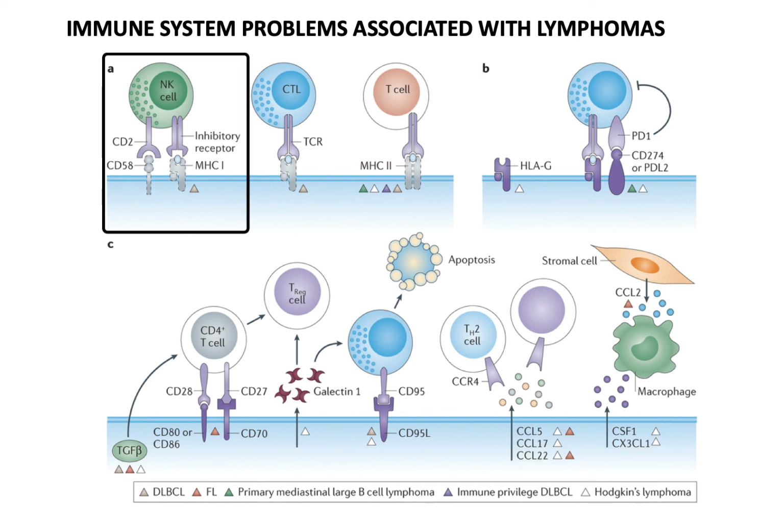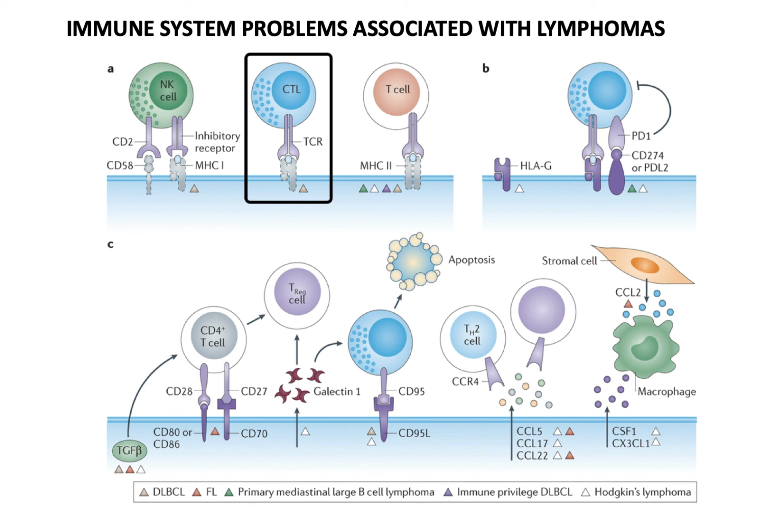So in this top one, there's a problem with CD58 receptor as well as the MHC1 receptor. And so that changes signaling recognition for the natural killer cells. In this next one over, there's a problem also with the MHC receptor and communication with the T cell receptor on the cytotoxic lymphocytes.